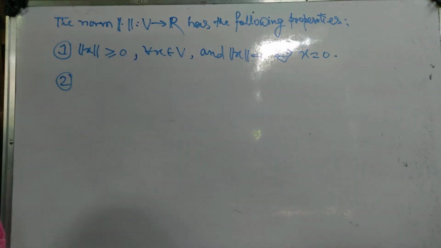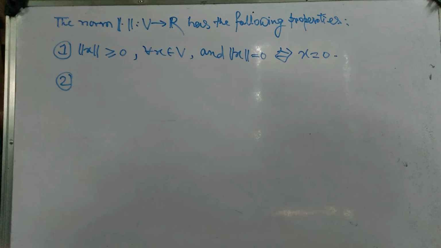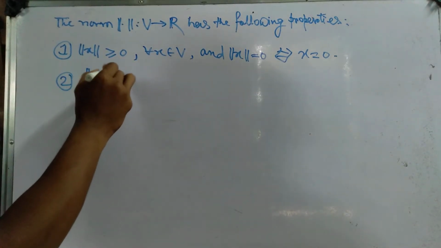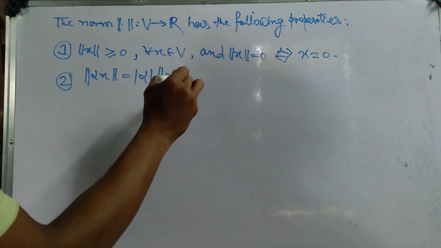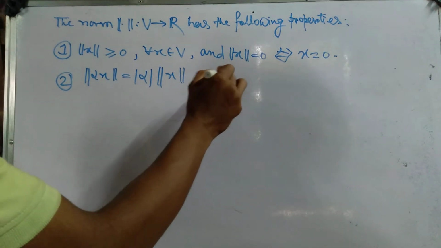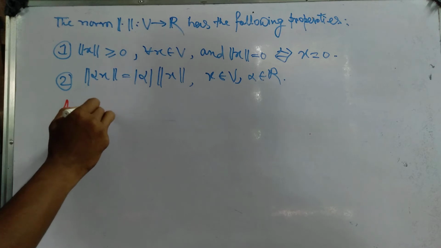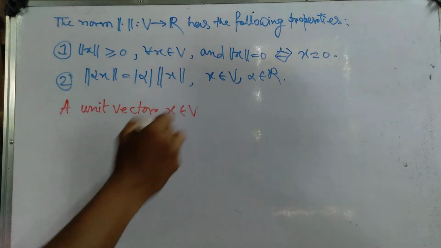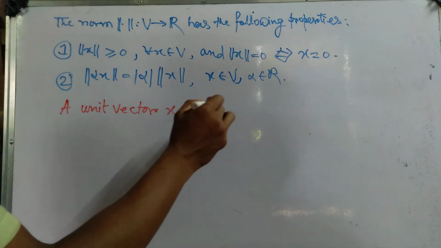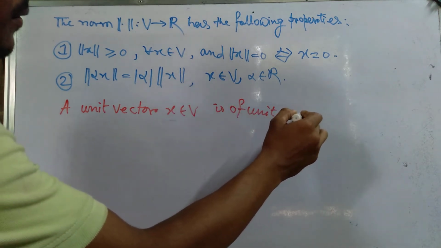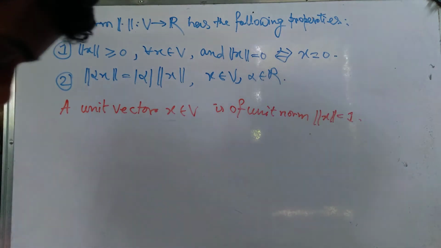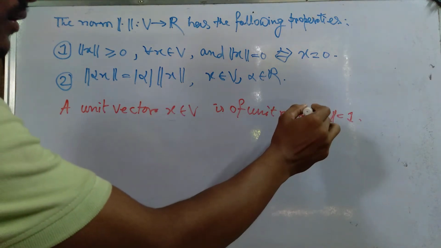Number 2, norm of alpha x equals mod alpha times norm x, where x belongs to V and alpha belongs to R. If a vector x belonging to V has norm of x equal to 1, it is called a unit vector.